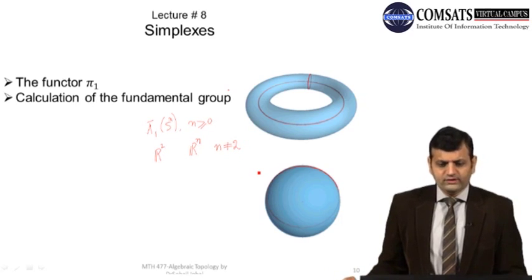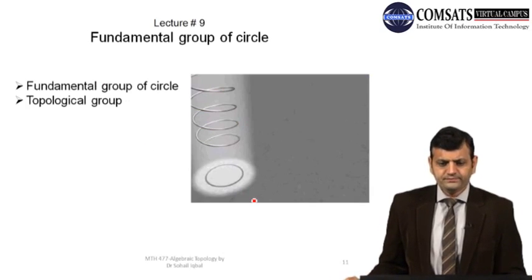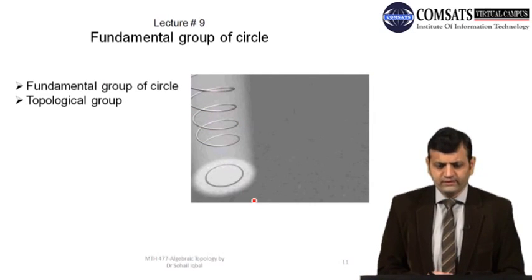That's how we use this algebraic structure, which is a group, to understand the topological structure of some topological spaces. Then in lecture number 9 we proved this non-trivial result that the fundamental group of a circle is Z. It took most of lecture 9 to prove this result.